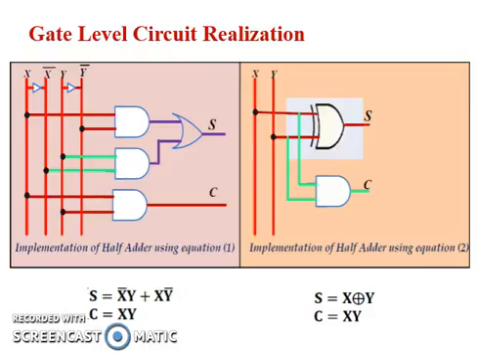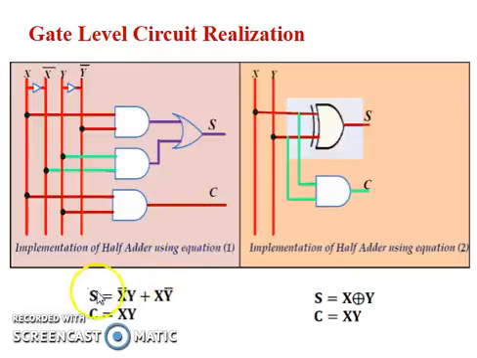Next, this is the gate level circuit realization, where you can see that with the original Boolean function you will require 1, 2, 3, 4, 5 and 6 logic gates.